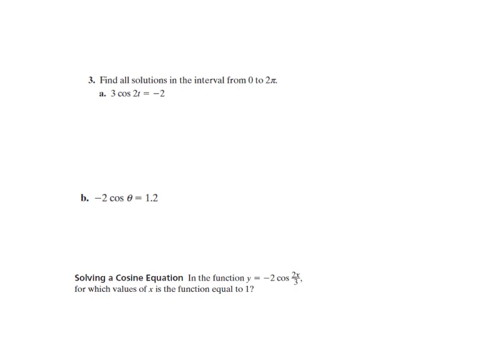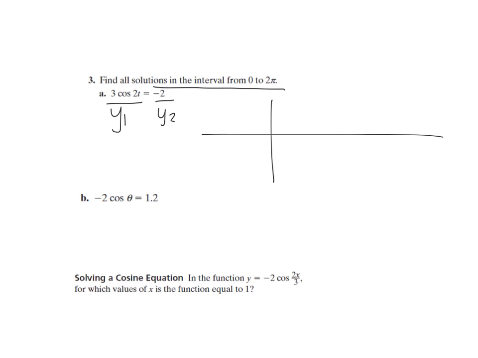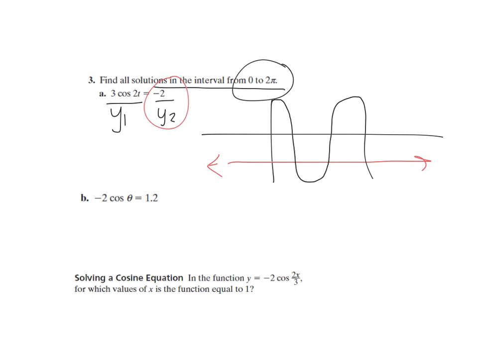And then when you find all solutions right here, what you're going to do is put this in y1 and put this in y2. So you're going to have a graph. Your y2 is negative 2, so you're going to have a horizontal line, and then a function that is going to look something like this on your graphing calculator. What you have to do is find the intersection from 0 to 2 pi.